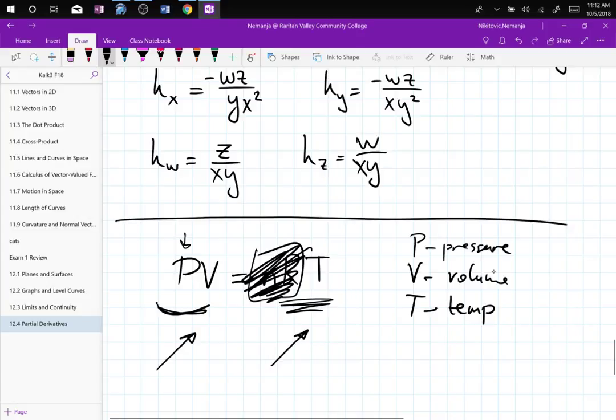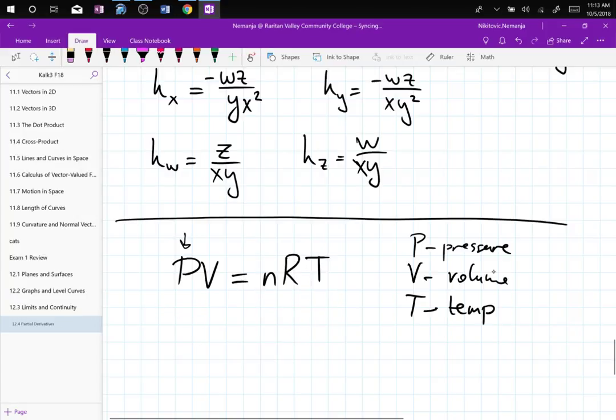So these are the things that now we can see in calculus. So now we have a function which has these three as variables. Pressure changes, volume changes, temperature changes, and n and R are constant.